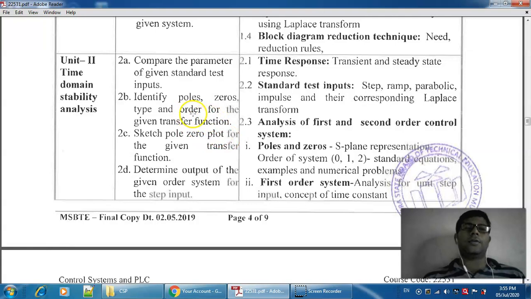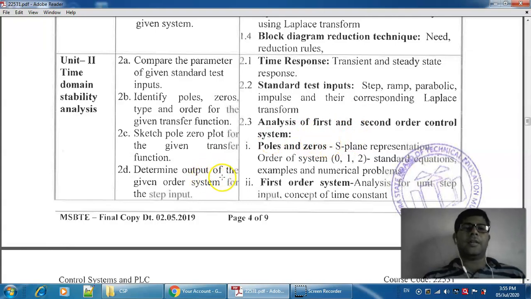Next is the pole-zero plot. This is the S-plane. On the S-plane you will be able to draw poles and zeros.